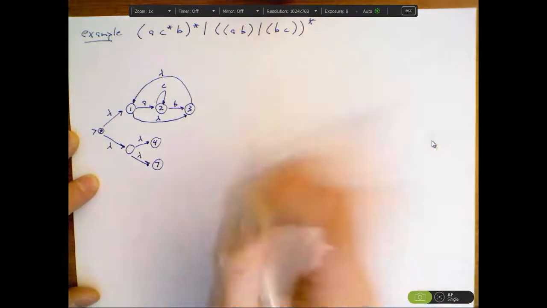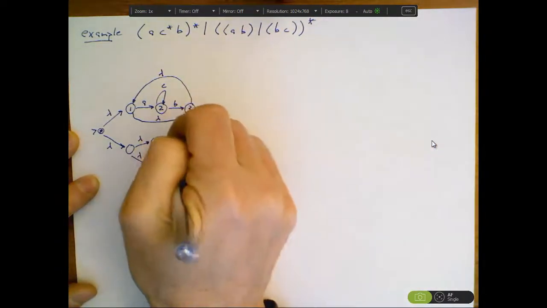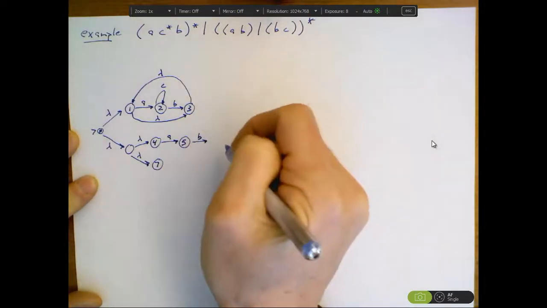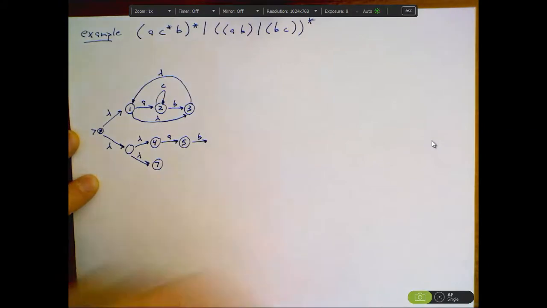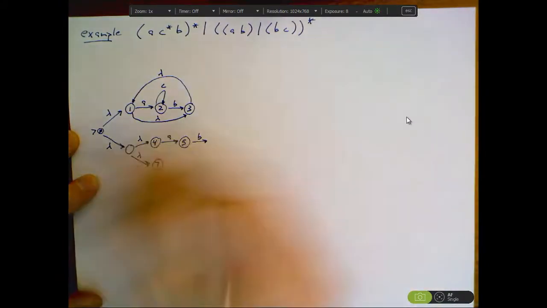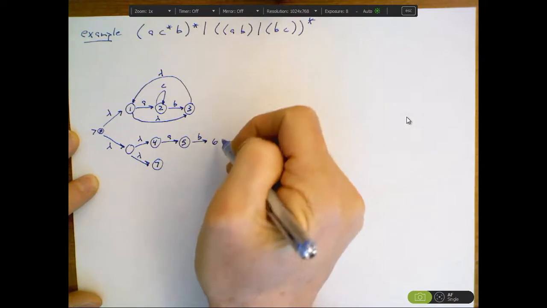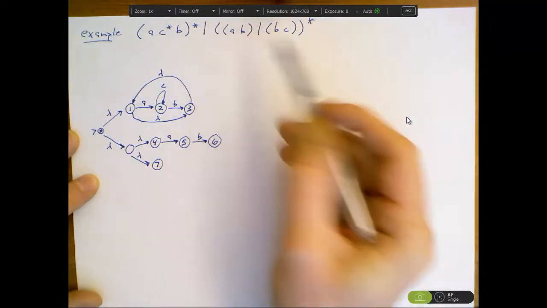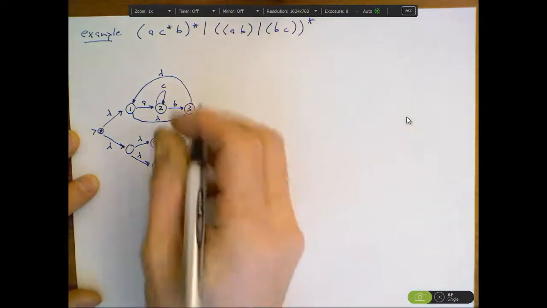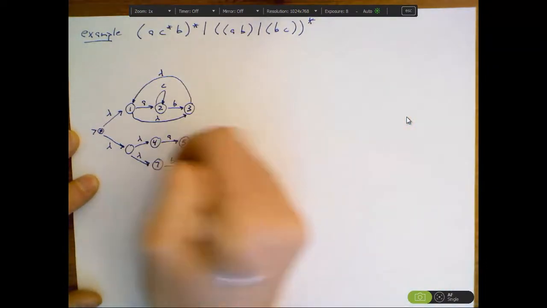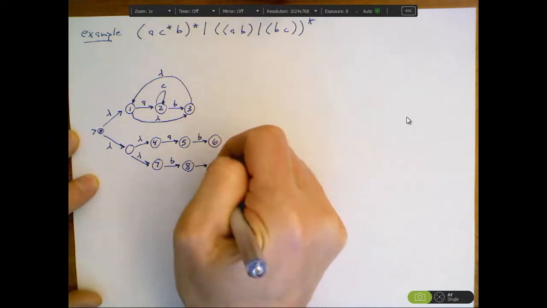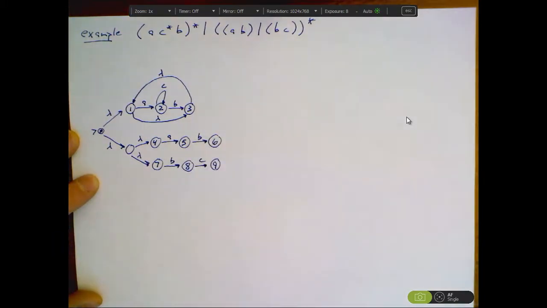Then I have the B on the left-hand side of the alternation, and the B and the C on the right-hand side of that alternation.